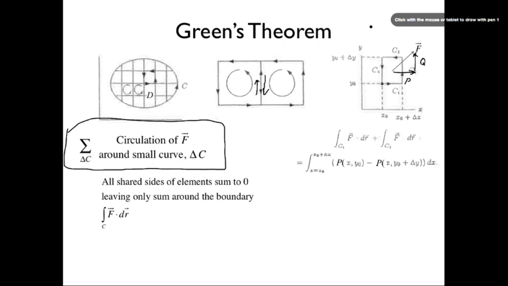Is it okay so far? Okay, so then what is that equivalent to? Well, what's really happening here is that when we take this minus this, it's really how much P is changing with respect to y, right? So it's really how much P changes for a little change in y. So that's like the partial of P with respect to y. And then here's my dx.